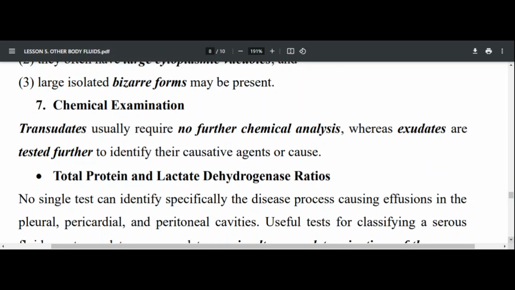So total protein and lactic acid dehydrogenase ratio can be used very well in exudate further assessment, even though no single parameter can be used to assess the disease or the root cause of a certain condition, whether it is pleural or pericardial or peritoneal.